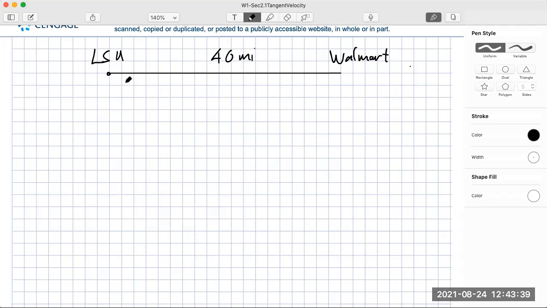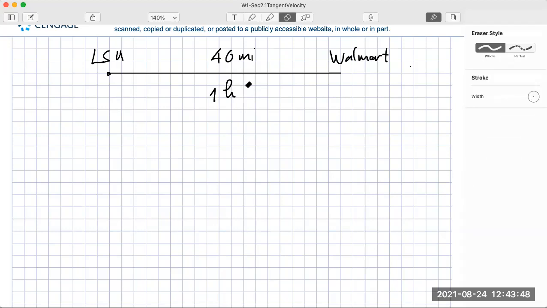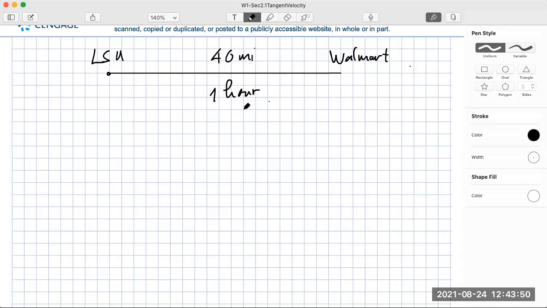It's a long distance. And it takes you 1 hour, right? We don't care how fast you drive, but you start from here and finish there. It takes you 1 hour, right?